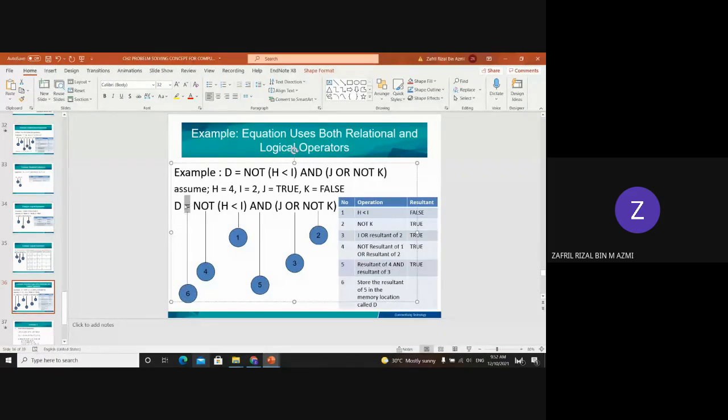Expression doesn't have this, but for equation you need to write down these steps. The last step is storing the value inside a specific variable. Understand, class? This is for equation.